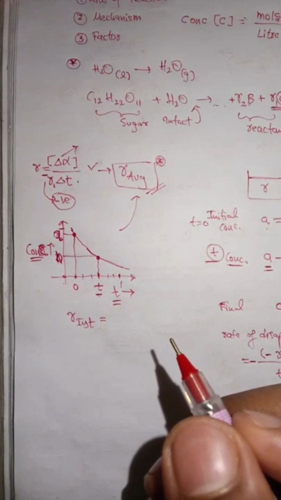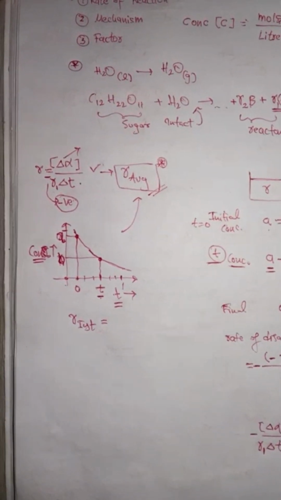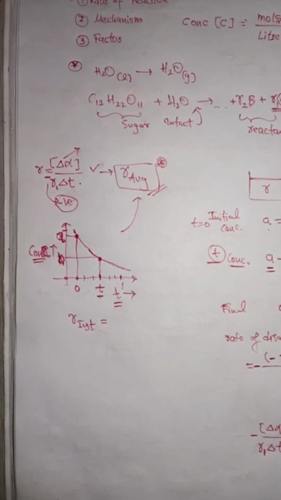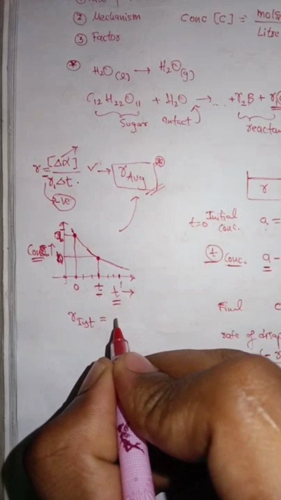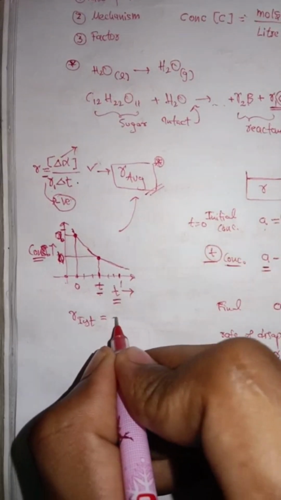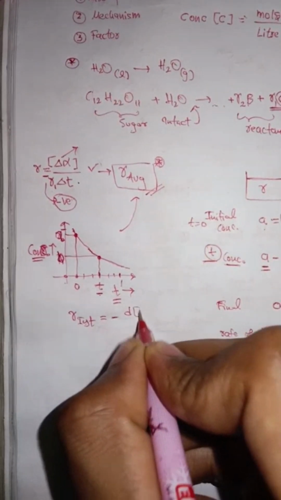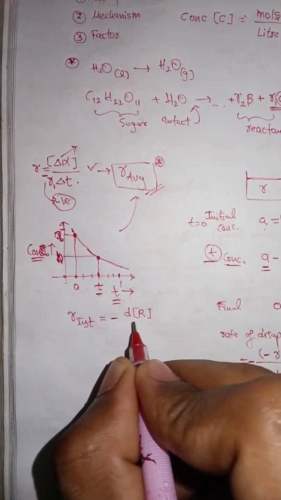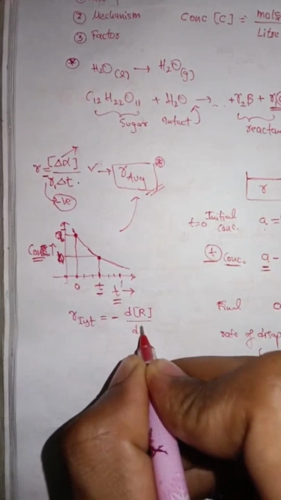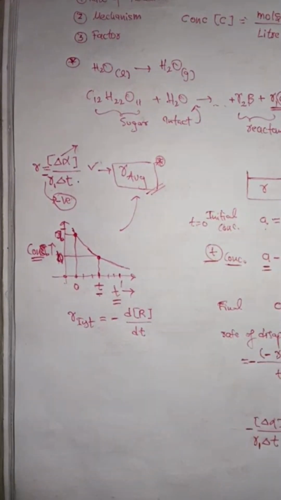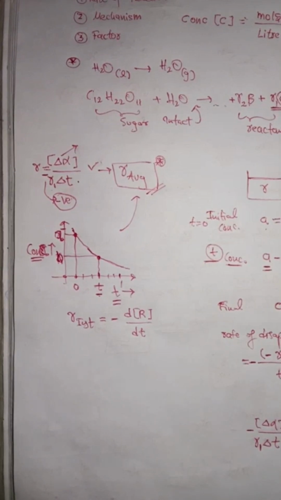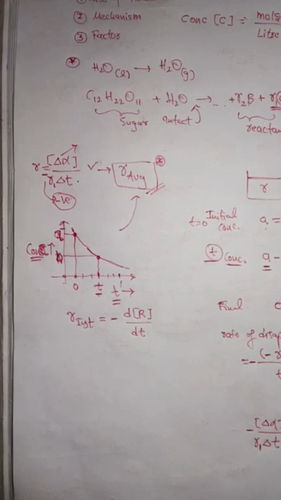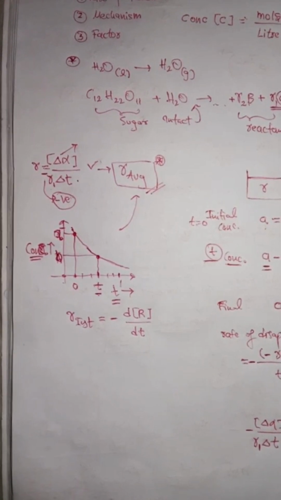This way of representation and understanding comes with calculus, where we use differentiation. If we consider a reactant R, capital R, at a particular time dt, the change in concentration would be this, and the rate would be instantaneous at that particular time.